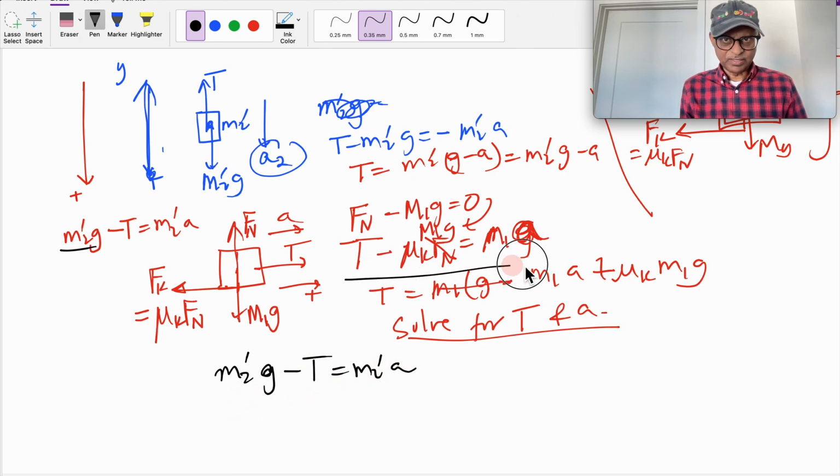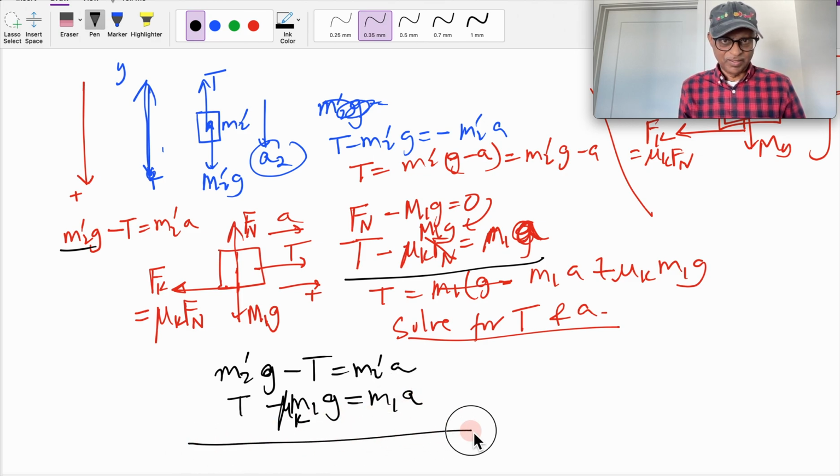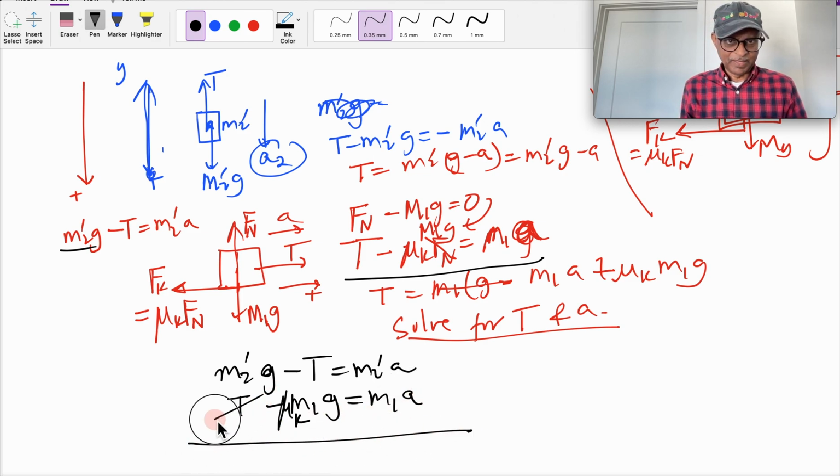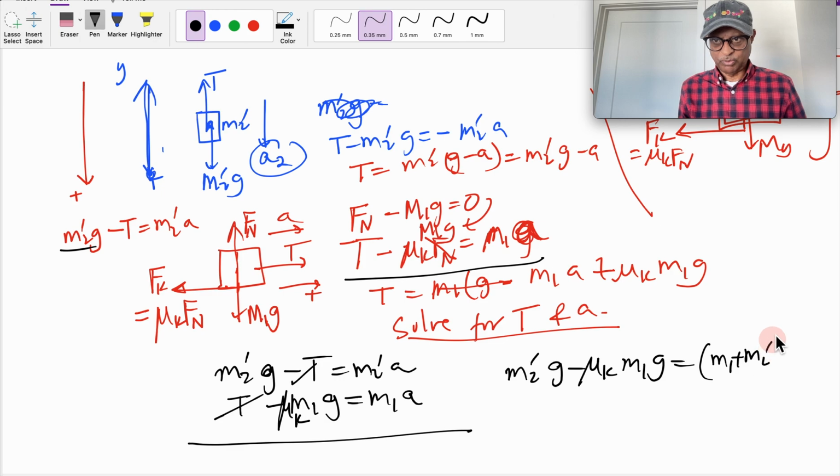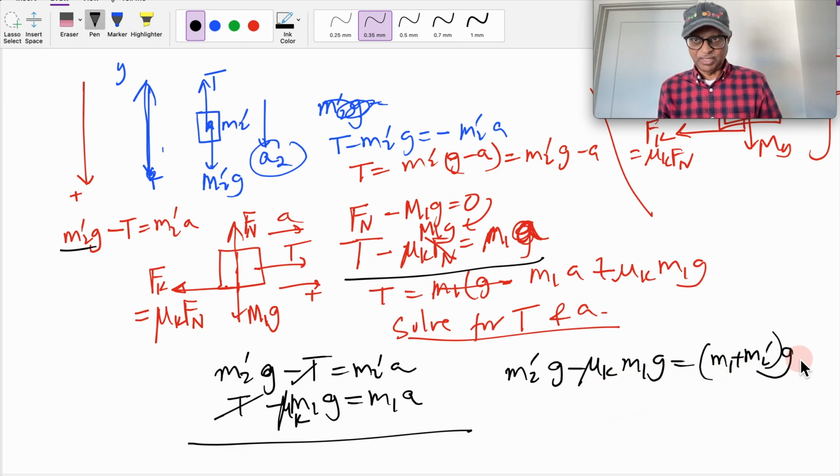And I'll write this guy like that, T minus mu k M1 g is equal to M1 a. Add this up, then T cancels out. Then M2 prime g minus mu k M1 g equals M1 plus M2 prime, times a.